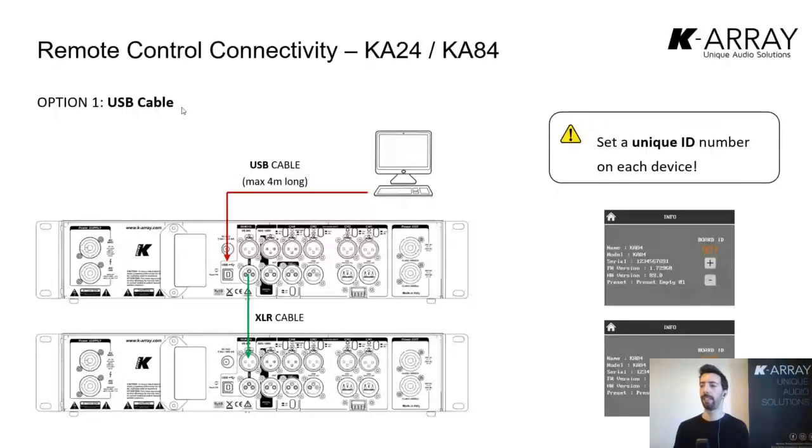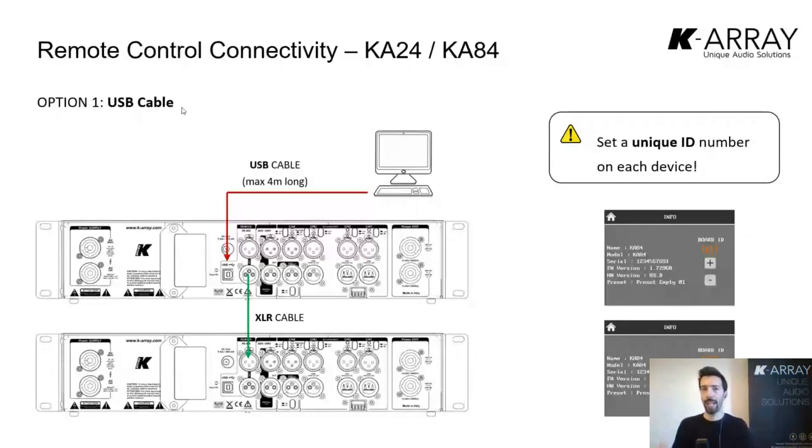get to that later. At the moment, today, if you want to connect a computer to one of these amps, like KA24, KA84, which is the example I'm showing you now, you have three options. Option number one, you use a USB cable.